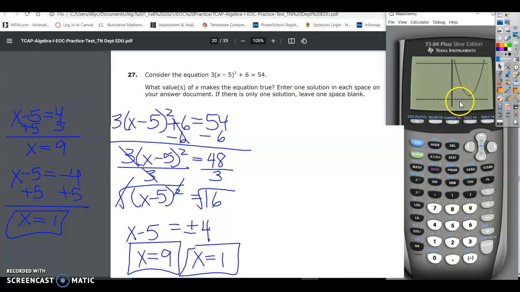All right, now you can see here we found our solutions to be 1 and 9. It kind of looks like 1, and counting 1, 2, 3, 4, 5, 6, 7, 8, 9, it kind of looks like 9 there as well. But you could always do second trace and find the intersection values. So if you hit 5, we've got x at 0.